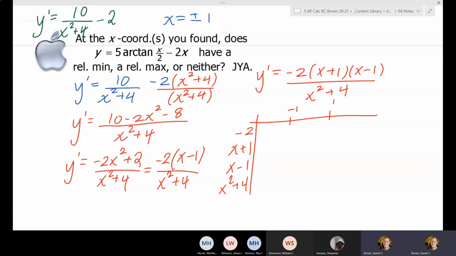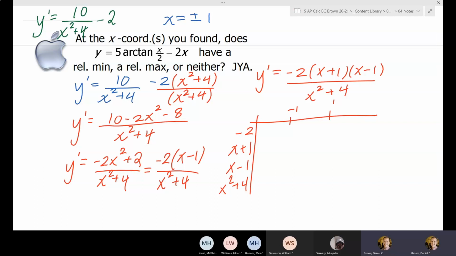And sorry if you thought you were done with sign charts after the last step. I know that I did that fairly quickly, but you do want to be pretty fluid and good with doing some quick algebra.